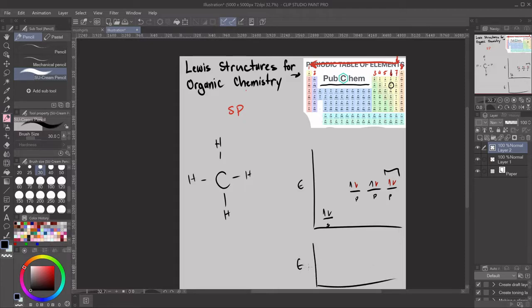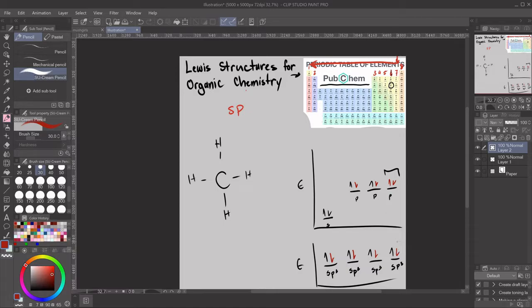And instead of having 1 s and 3 p, we're going to have 4 sp3 orbitals, neither s nor p, somewhere in the middle. And what's going to happen here is that the carbon is going to give one of its electrons to each of these sp3, and then the hydrogen s will go ahead and fill in the rest of that orbital. Right, I hope that makes sense.